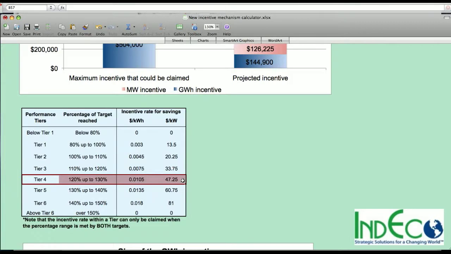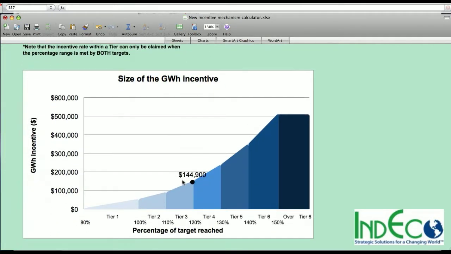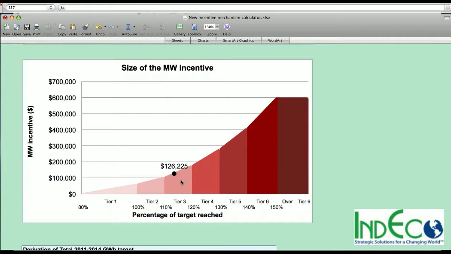The two figures below, the first displaying the size of the energy incentive received, and the second displaying the size of the peak demand savings incentive received, help show in which incentive tier the projected energy and peak demand savings will fall.